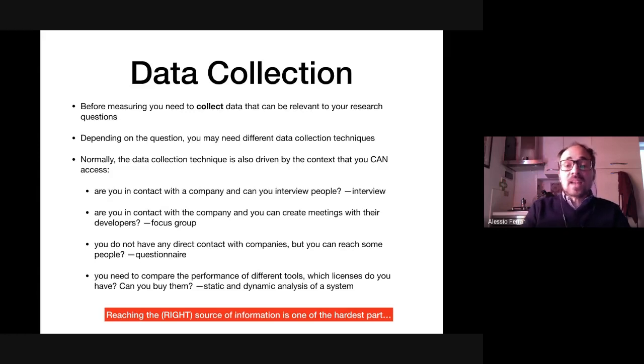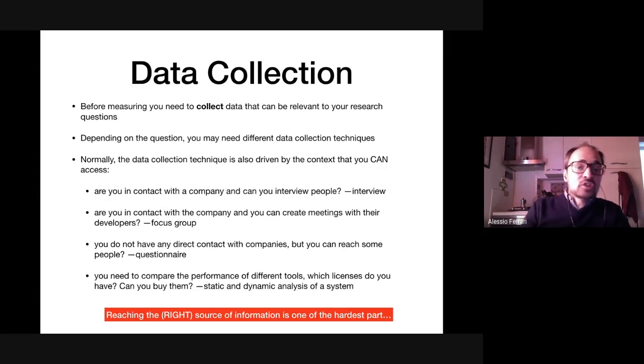Are you in contact with a company and can you interview people directly in the company? Can you take some time from the employees? Then it is good to interview them. So you can select the interview as the data collection method, because you know that you can ask employees and developers for that time.